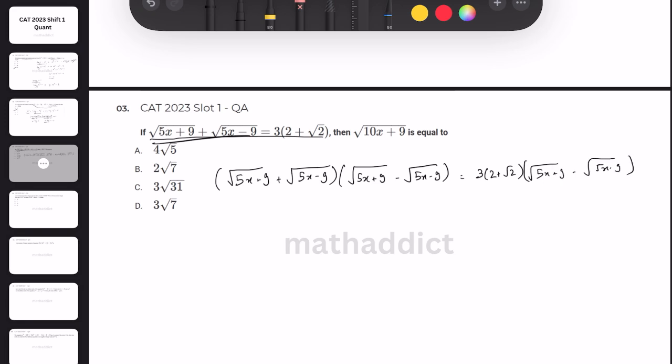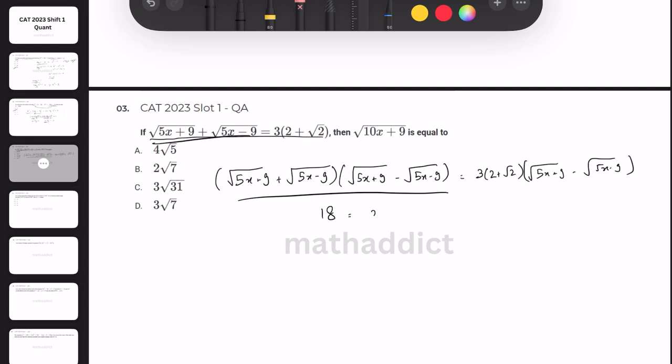We did this to get rid of squares on one side. Let's proceed first. This is a plus b into a minus b, so it becomes a square minus b square. So a is root 5x plus 9, that square is 5x plus 9, minus b square, 5x minus 9. This works for us as the terms of x get cancelled, and this simply becomes 18.